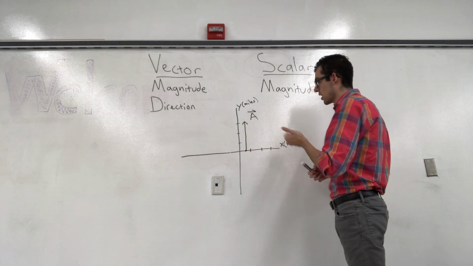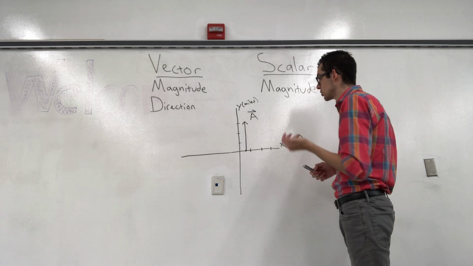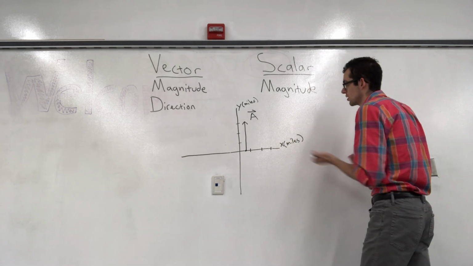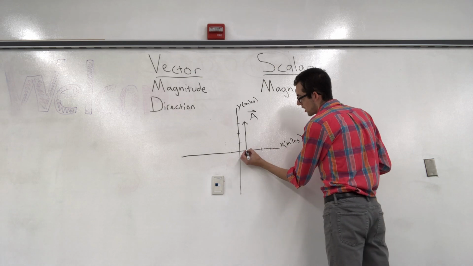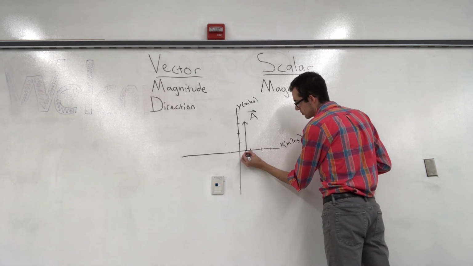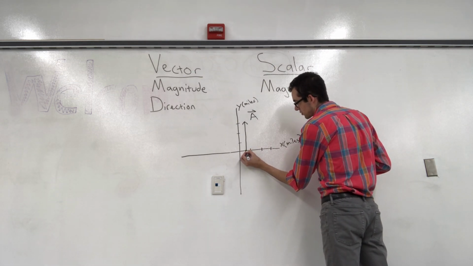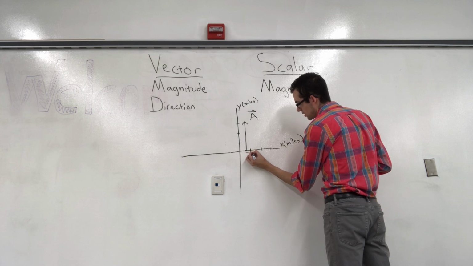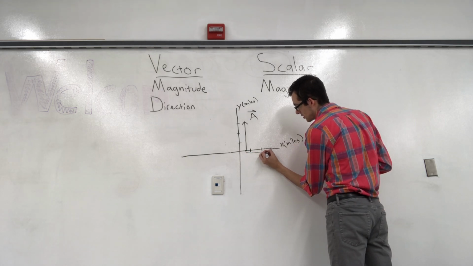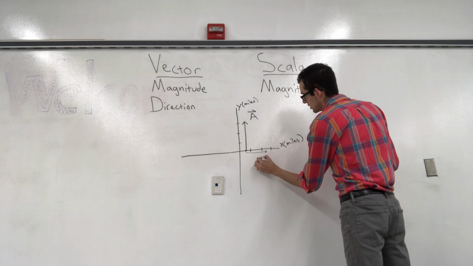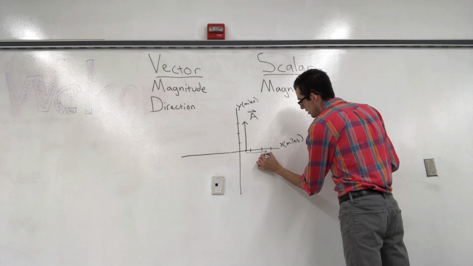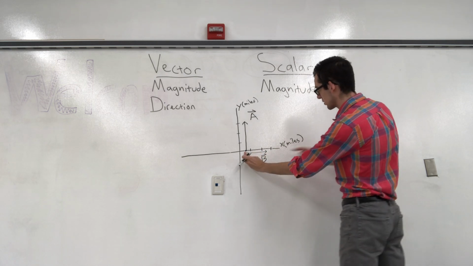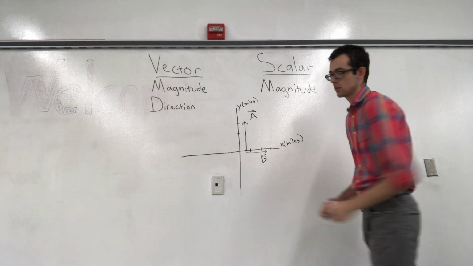Now we want to add onto it another vector B that goes 2 miles to the east. So if I were to just draw it on the x-axis, starting from this point, it would go about to here. So that would be our vector B. From our starting point, we're going about 2 miles to the east.